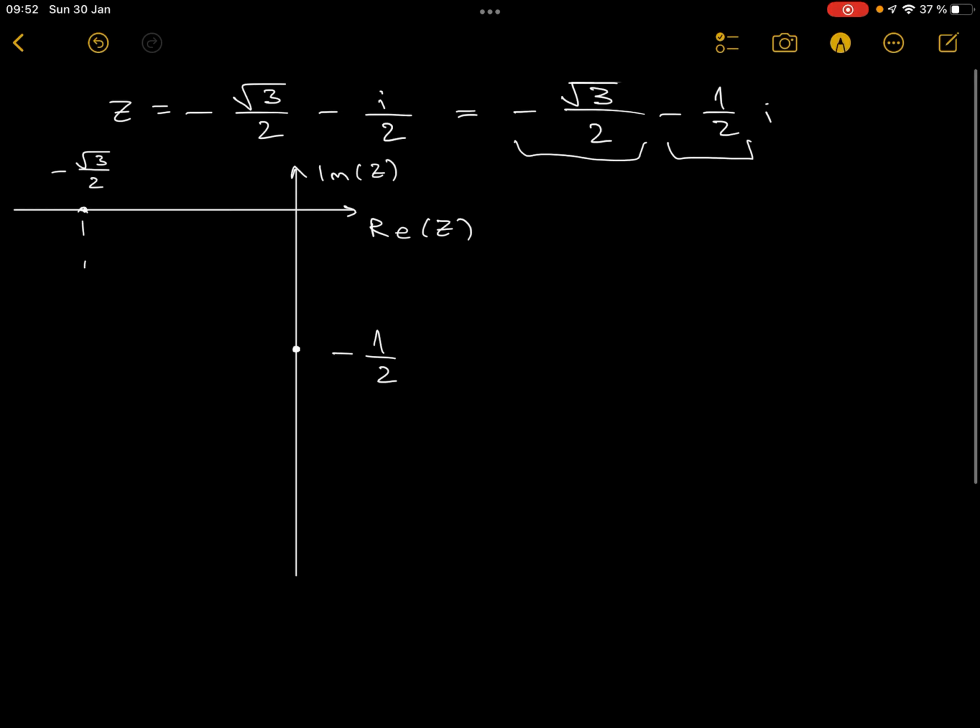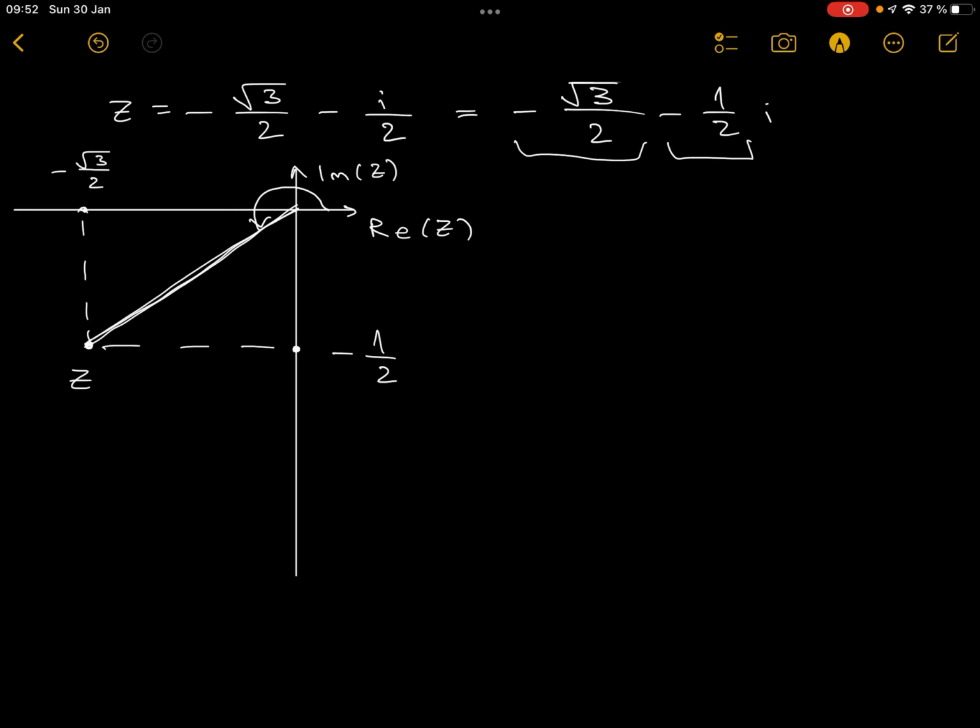Okay, so now we can go ahead and sketch it like this. So this is our complex number z in the complex plane. Now, if we connect these two right here, we can see that there's an angle right here.